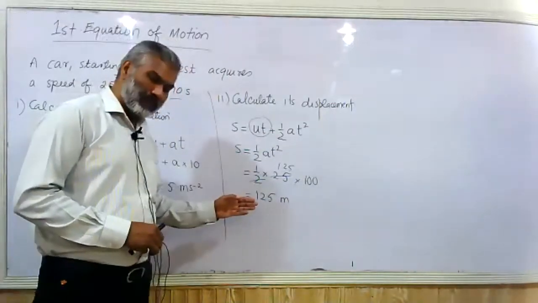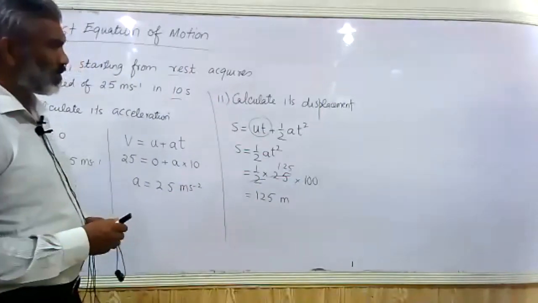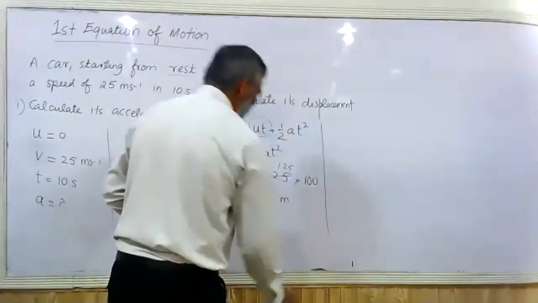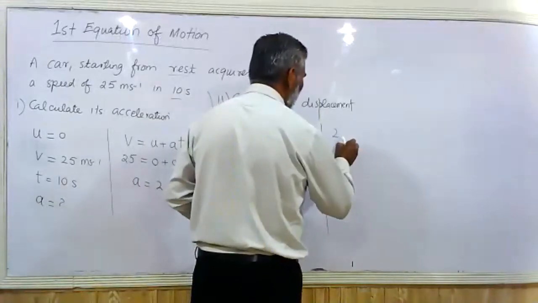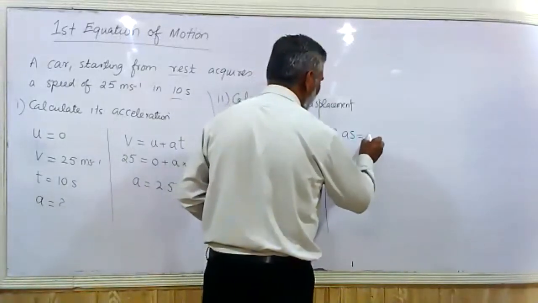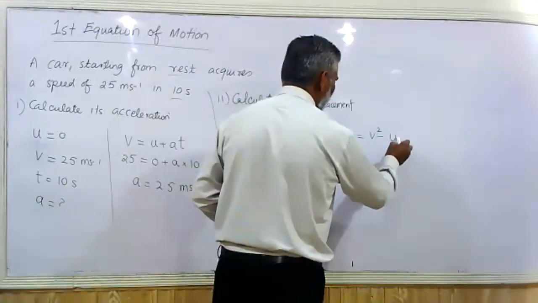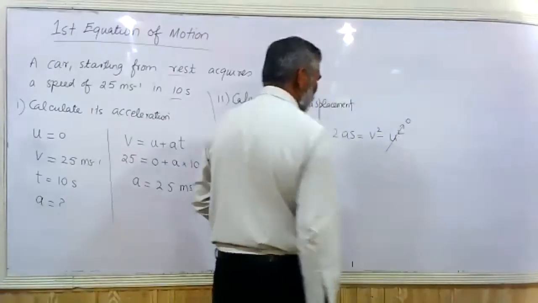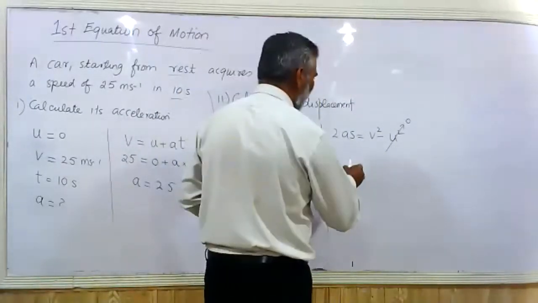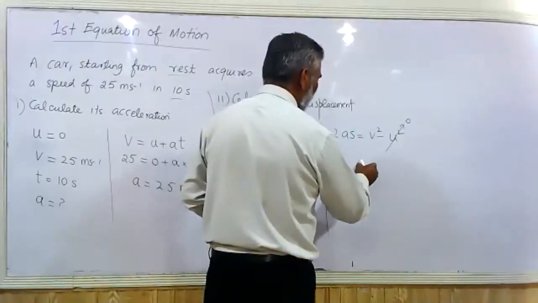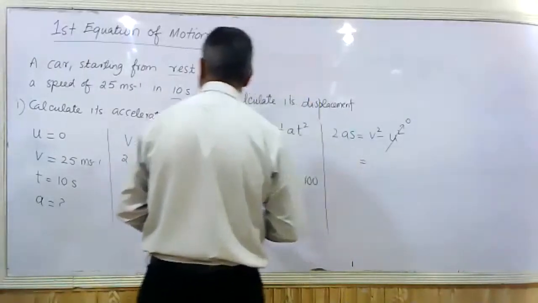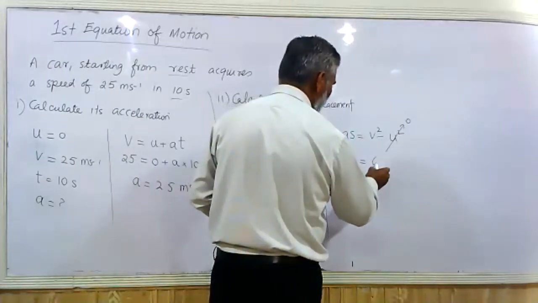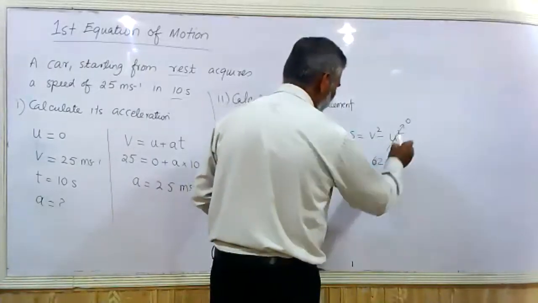The same calculation can be done with the third equation as well. Just to show that it can be found from the third equation, 2as is equal to v squared minus u squared. This will be 0 because the object is initially at rest. That means v squared, where the final velocity it acquired was 25, is 625.